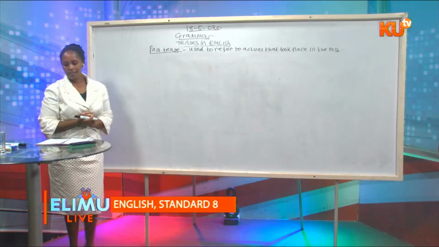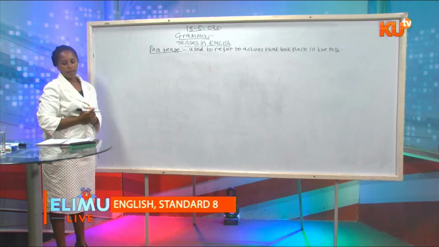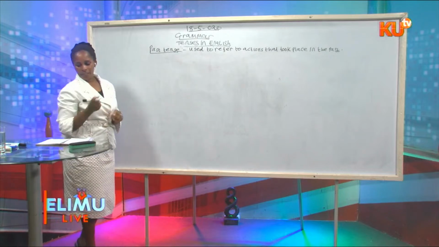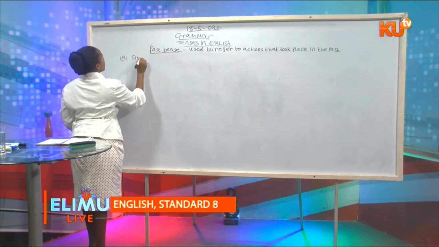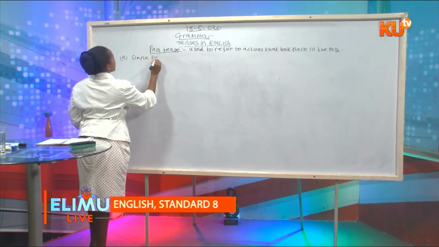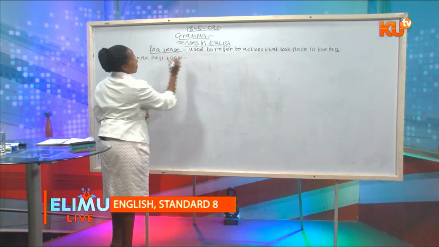Now, with the past tense, we have 4 different types of the past tense. One, we have the simple past tense. That is number 1.